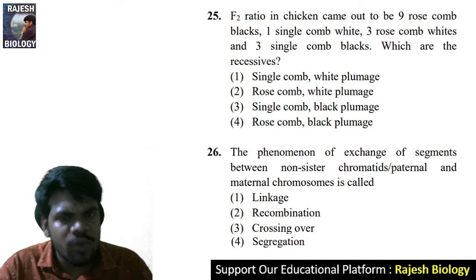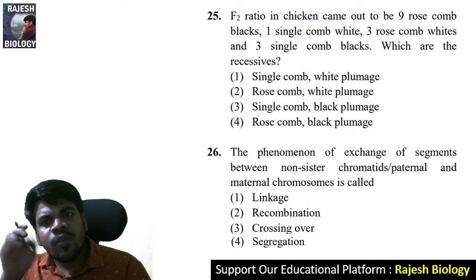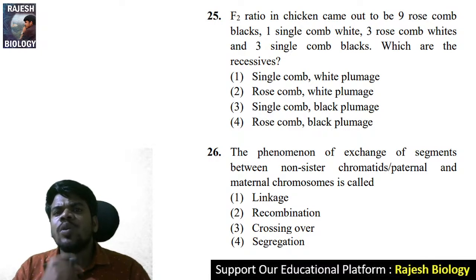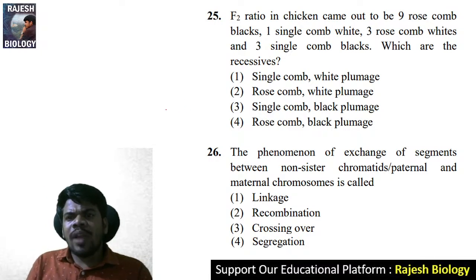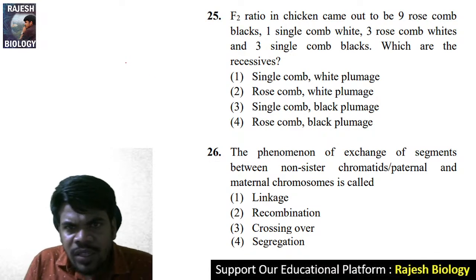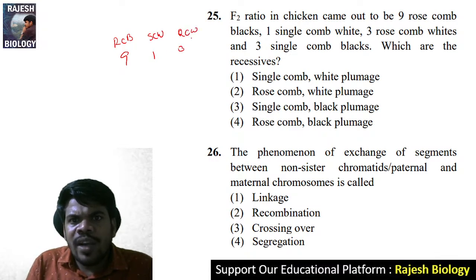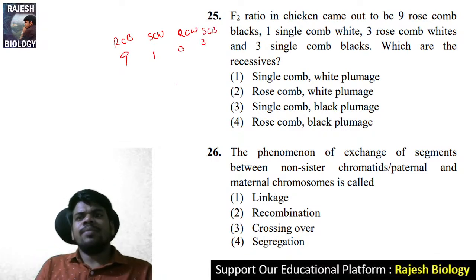Yes, Chandrika, right? Come to the 25th question. The F2 ratio in a chicken came out to be 9 rose comb black, 1 single comb white, and 3 rose comb white and 3 single comb black.